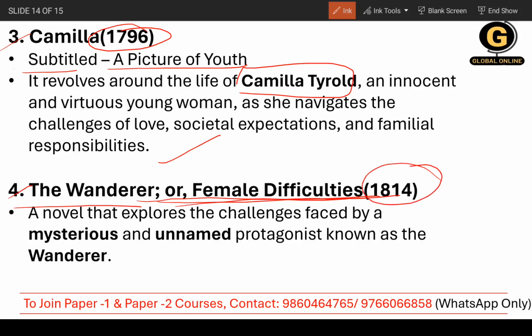1814. Now, the title is The Wanderer because you don't know the protagonist's name, because she is a wanderer. She is protecting herself by hiding herself. She is not disclosing herself to anyone. Do you remember the Zindagi movie? There is a deleted scene of Shah Rukh Khan and Alia Bhatt. Basically, Shah Rukh Khan's character, Jug, was telling her a story about a girl who was a queen, and she was hiding herself.